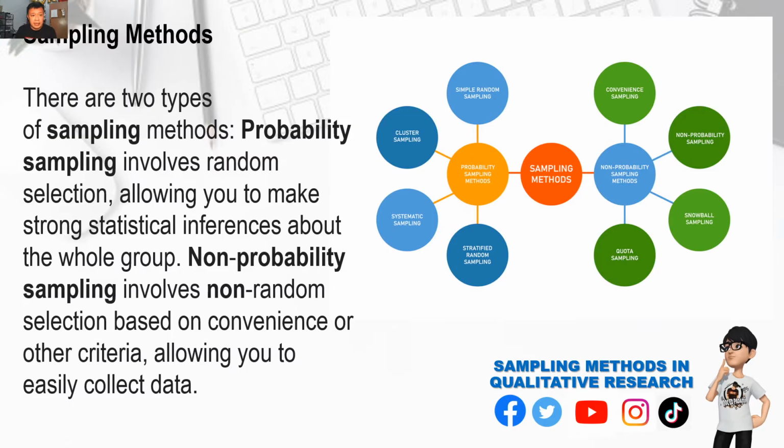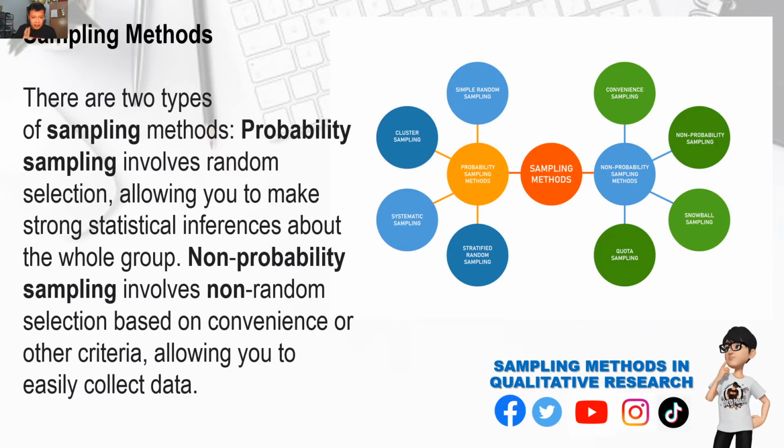So, ibig sabihin, itong probability sampling ay gumagamit ng random sampling para magkaroon ng equal opportunity lahat ng respondent sa population na mapili and mas malakas yung statistical inference niya na mag-represent. Ibig sabihin, kapag itong ginagamit ninyo, mas malaking possibility na yung kinuha ninyong sample represents the whole population.